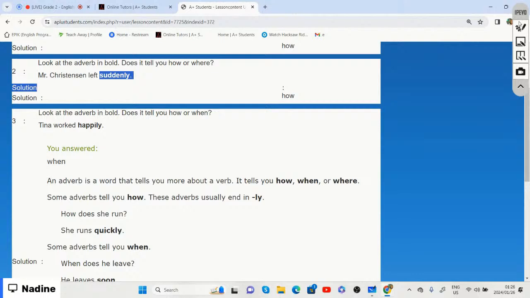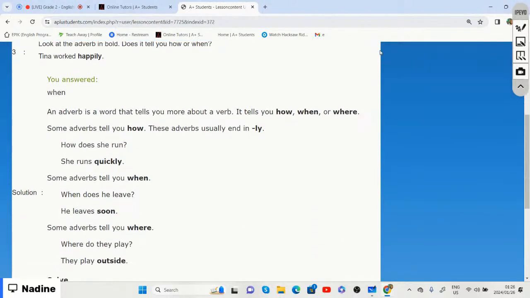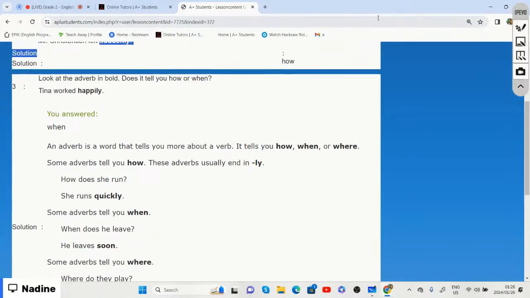All right. Also, if we look at this adverb in bold, right, in the sentence, it says, does it tell you how or does it tell you when?